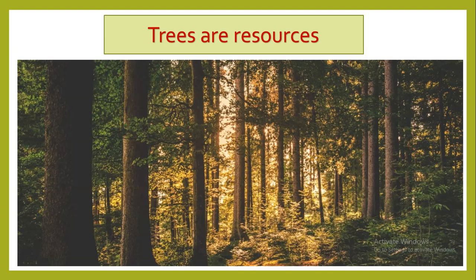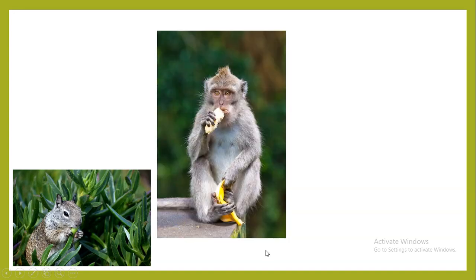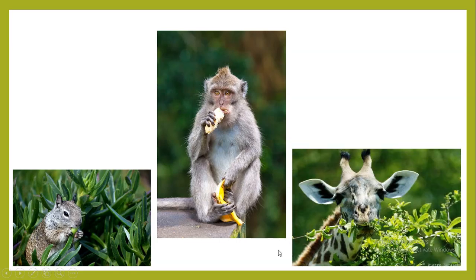Now, how do animals use trees? Let's find out. Look at this picture here. This is a squirrel and it's eating, right? What about this monkey? It has a banana. It eats a banana, right? What about this giraffe? It's eating too.